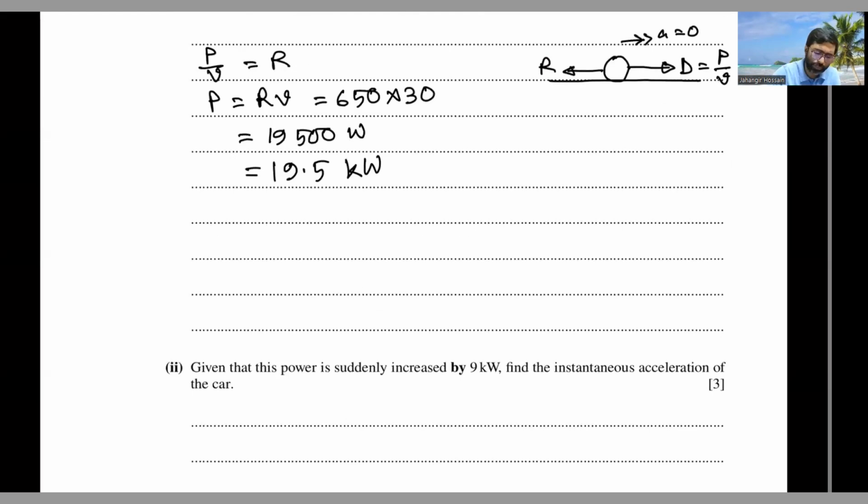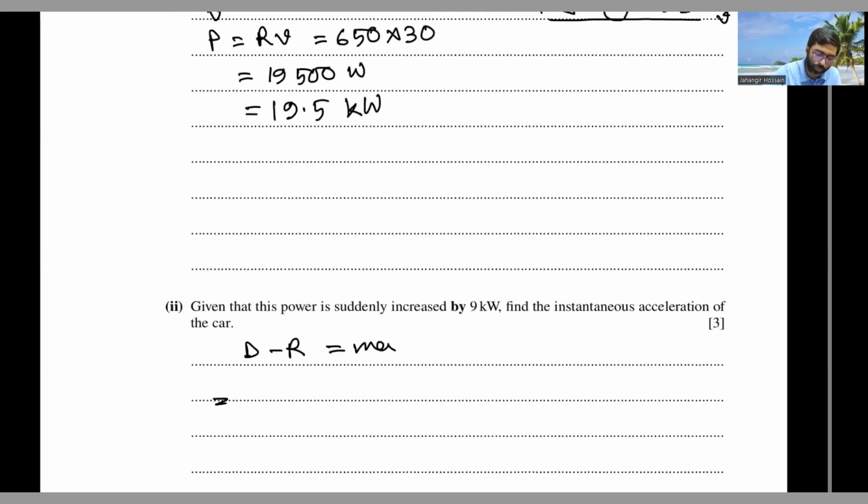In that case, since it will accelerate, driving force minus resistance equals ma, and the driving force is the original power 19.5 plus the increase 9, into 1000, divided by V, 30, minus resistance 650, equal to ma.